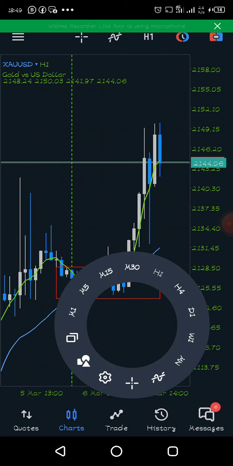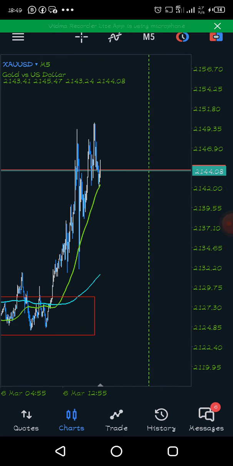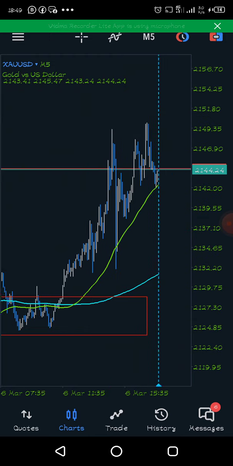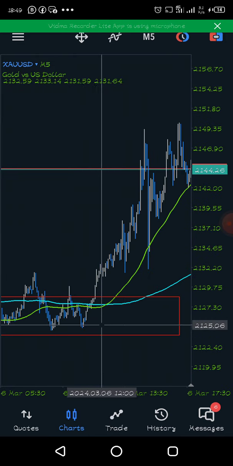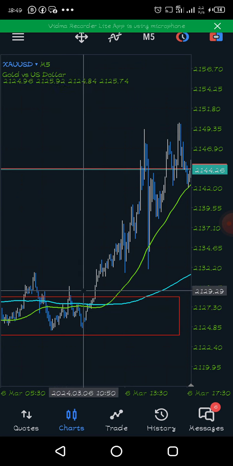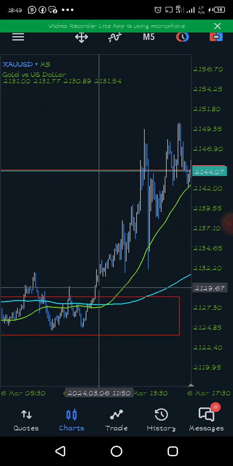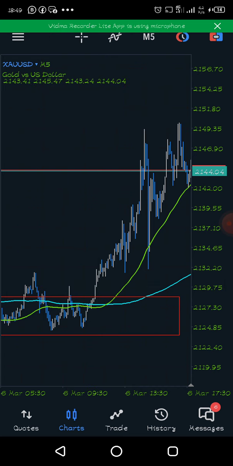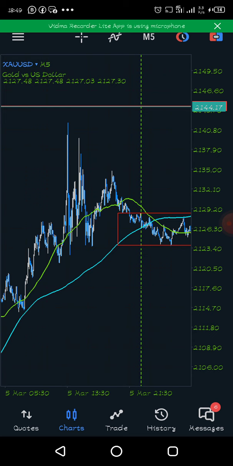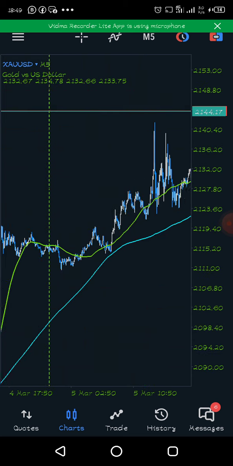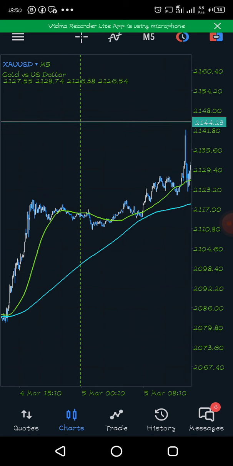Then if I want to pick an early entry, it means once the market shows that it's a double bottom here and it breaks this position, I can take my trade. As simple as that. It means you don't need to bother yourself if the 5 minutes is selling and 1 hour is buying.